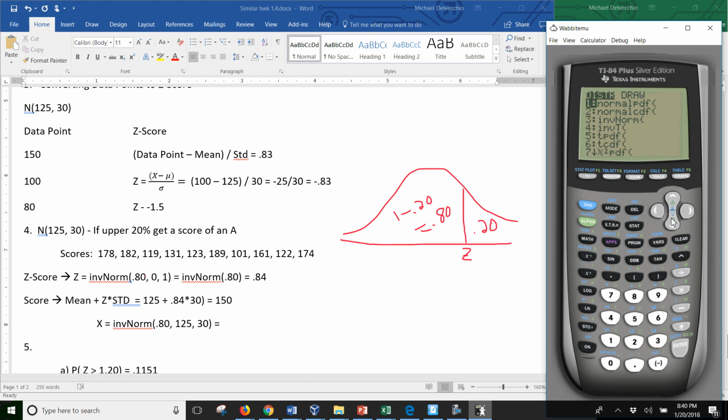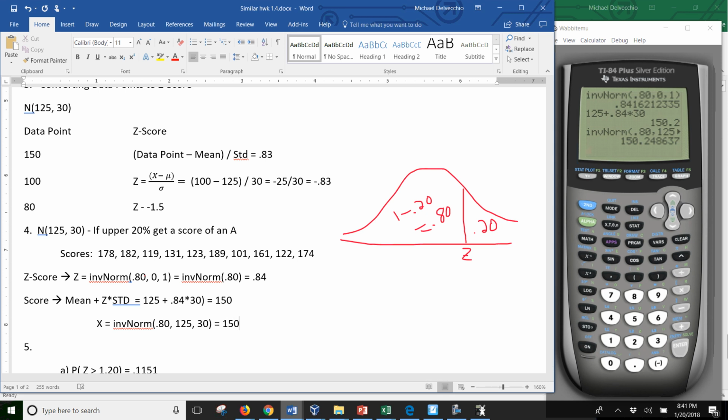Second vars, inverse norm. Let's go ahead and put in 0.8, which is already there. Mu is 125 and sigma is 30. Okay, paste that in. There we go, same answer, 150.2. That's good to see that those are the same.